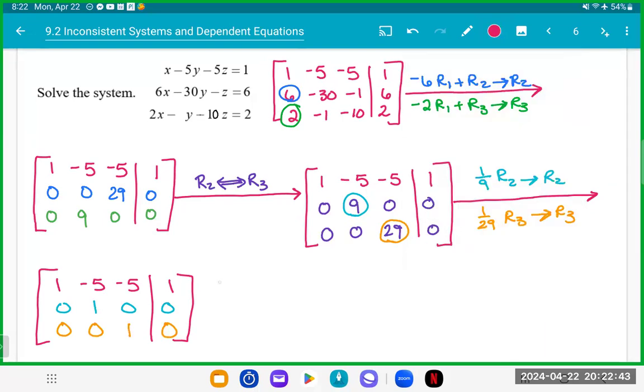So what we have here now is x minus 5y minus 5z equals 1. We also have that y equals 0. We also have that z equals 0, right?